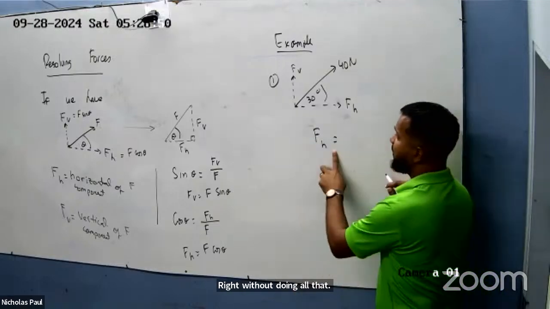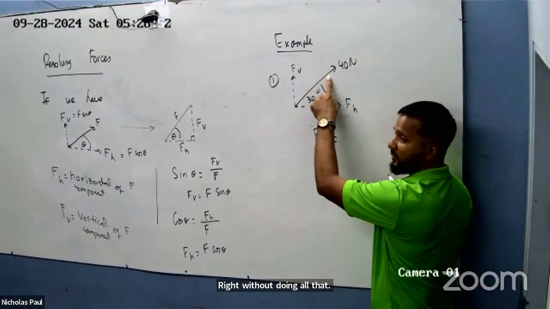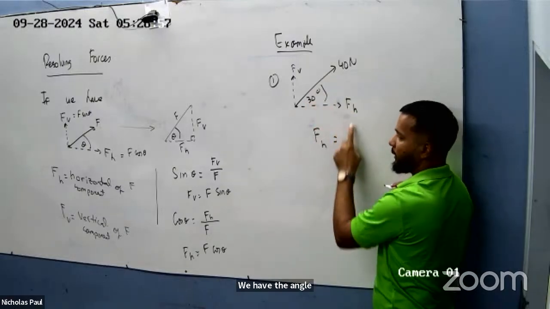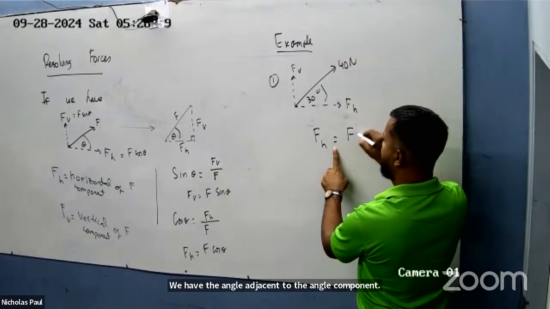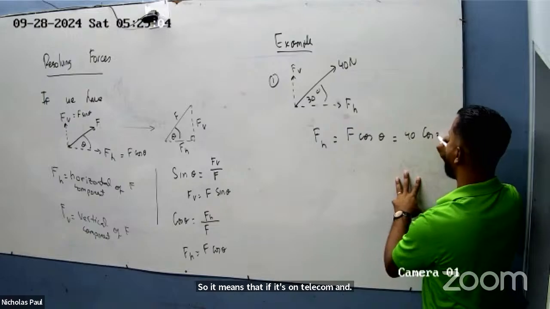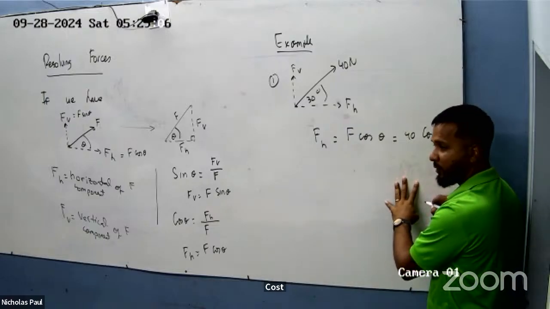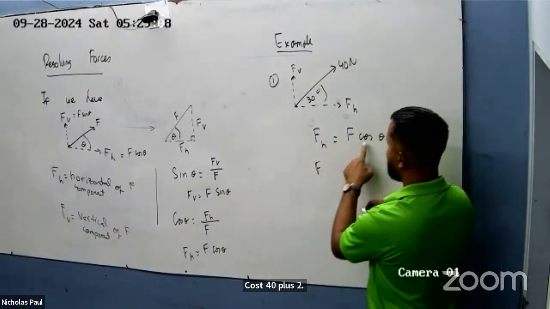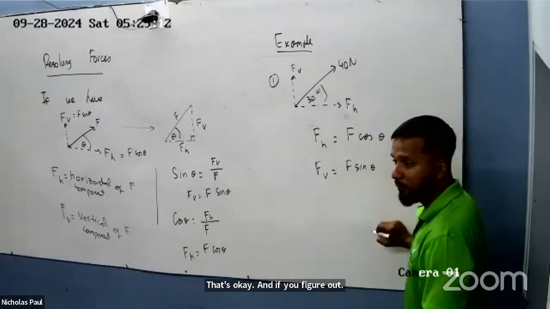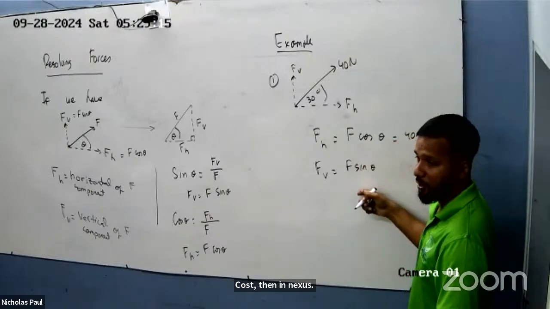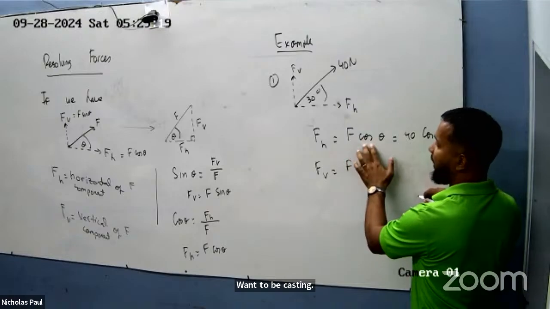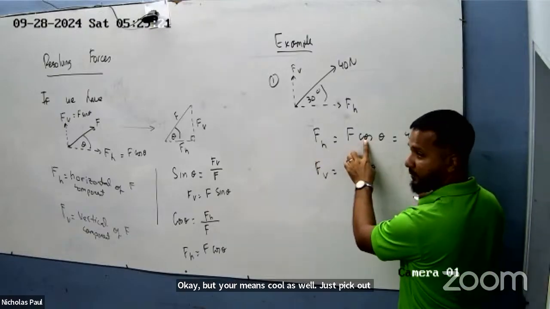We have the force, we have the angle. Adjacent to the angle is the horizontal component, so the horizontal component is F cos theta. That's 40 cos 30. And if you figure out cos, then the next is automatically sine. So your main goal is really to figure out which of these is cos.